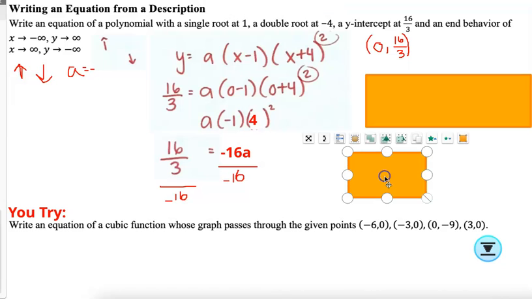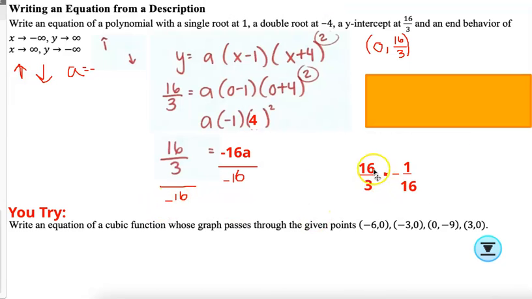If this was on a non-calculator part of a test, which would be kind of mean, dividing by -16 is the same as multiplying by its opposite reciprocal. And so you would have 16 divided by 3 times -1/16. Those 16s would cancel out, leaving you with -1/3.